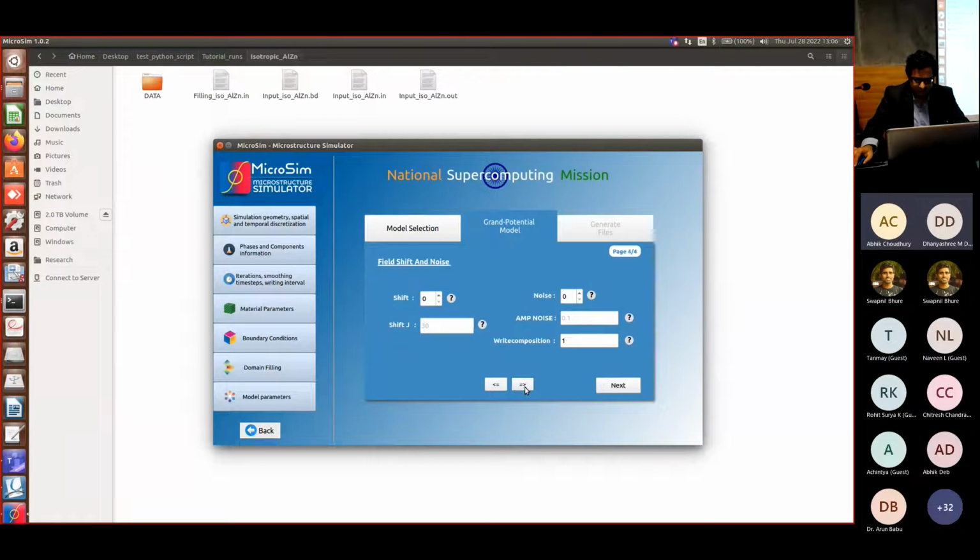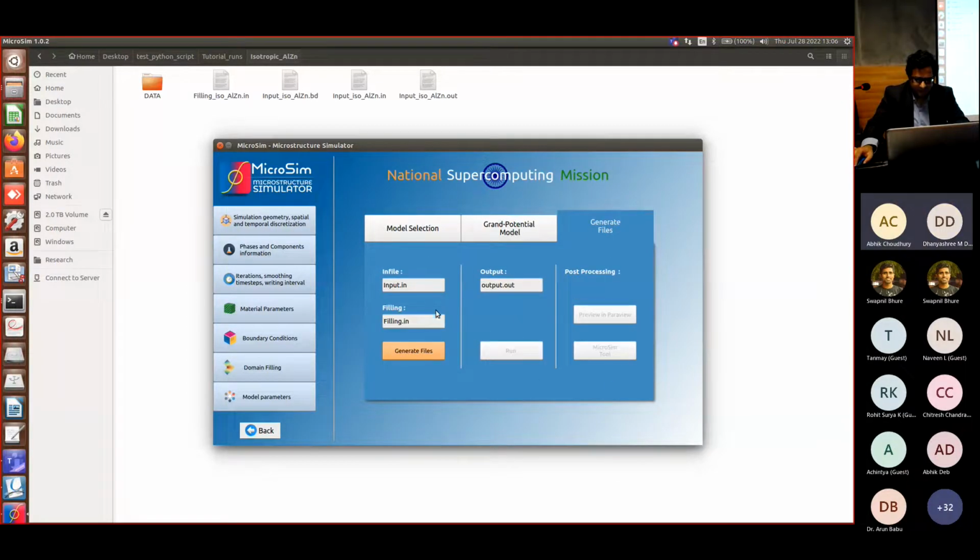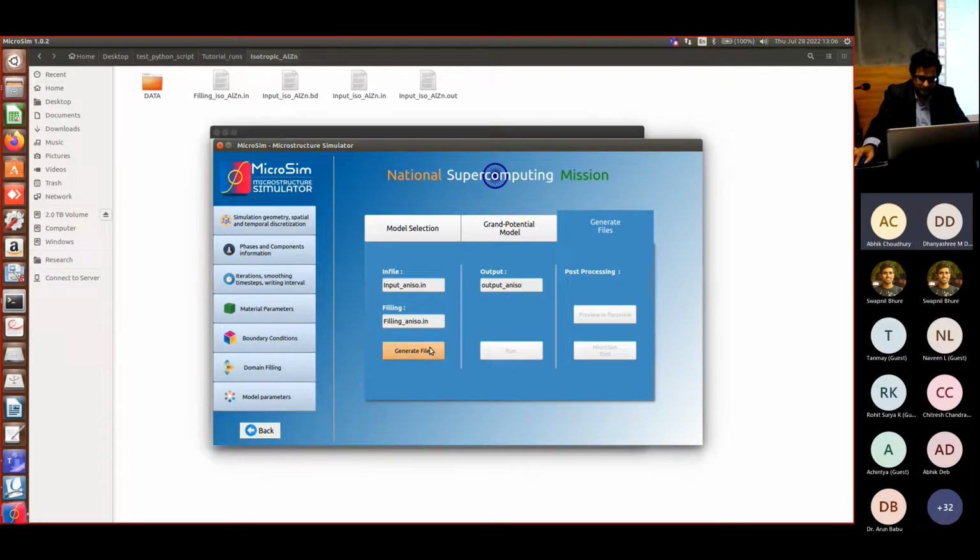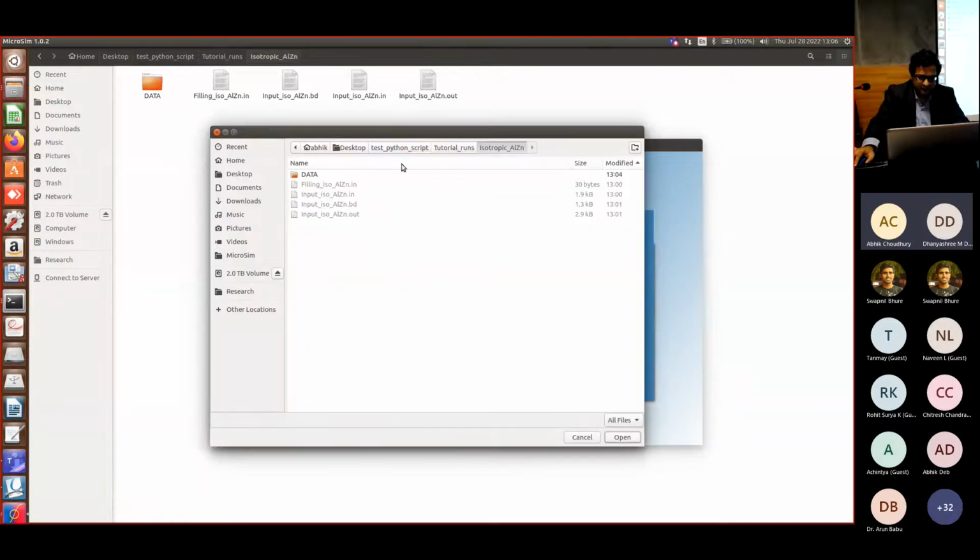All things are the same. And you can generate in files. It will again similarly tell you, but this time we will create another folder.